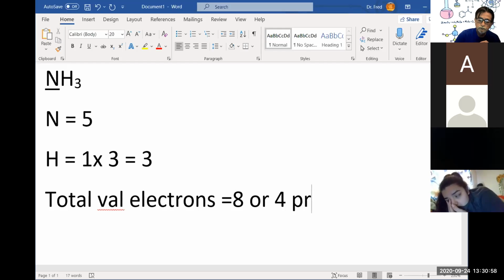So we can very quickly, because the nitrogen is a central atom, put in, and let me see if I can do this with nitrogen.